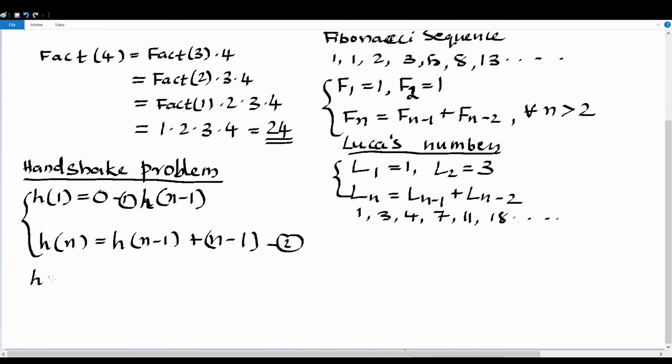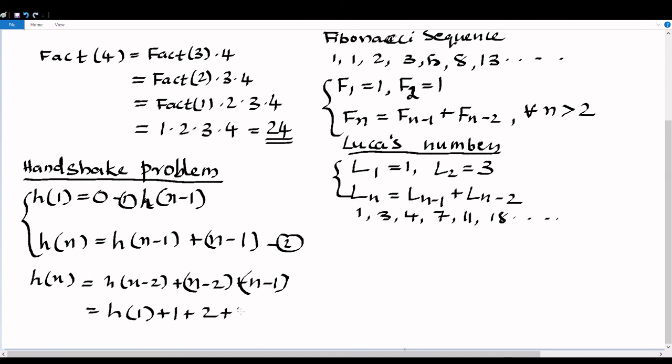And now let us find an explicit formula for h of n. Now h of n is equal to h of n minus 1 plus n minus 1. h of n minus 1 is h of n minus 2 plus n minus 2. So, going back, we get h of 1 plus 1 plus 2 plus 3 etc. plus n minus 1.